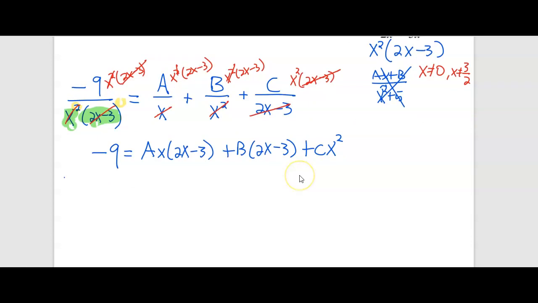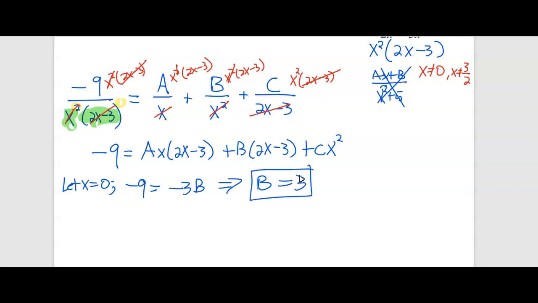So if I let x equal 0 in this equation, I get negative 9 equals a times 0 times negative 3, which is 0. That first one is gone. The second one, b times negative 3, is negative 3b. And on the third one, c times 0 squared is 0. So all we have left is b, and we can solve for b. For pretty cheap, we get b equals 3.